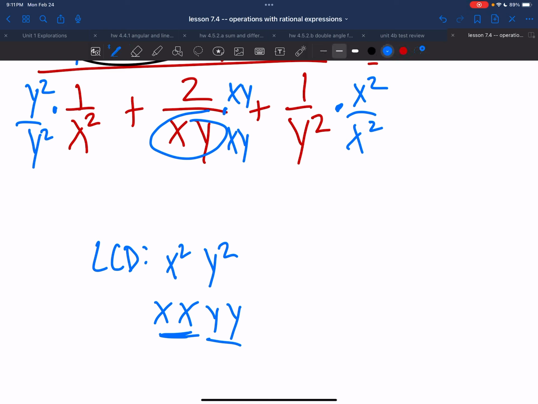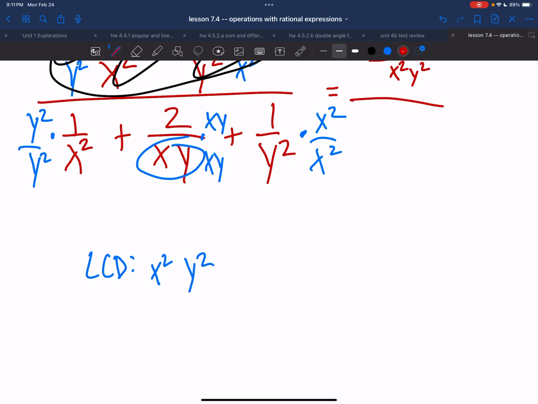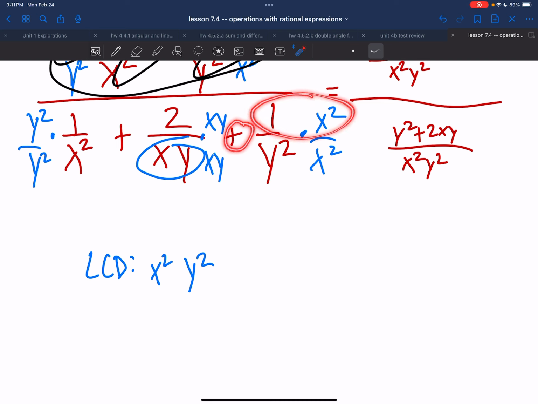Anyway, as we're moving along, right, I've found all the things I'm multiplying here. So it's all over, right? My denominator is x squared, y squared, as noticed by this LCD right here, right? And so I've got 1 times y squared plus 2xy plus 1 times x squared.